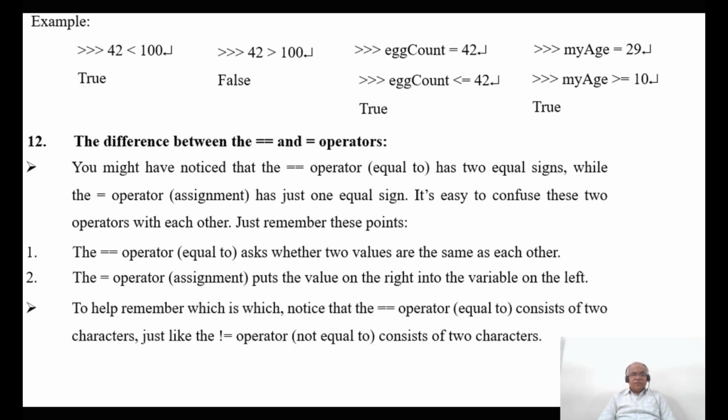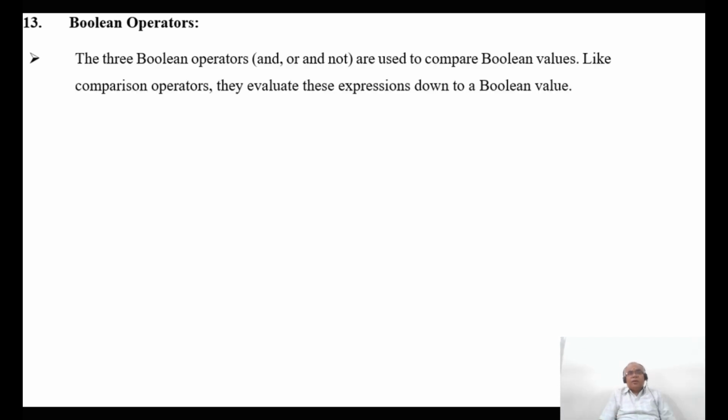To help remember which is which, notice that the double equal operator, which is equal to, consists of two characters, just like the not equal to operator or the less than or equal to operator. And then we have the Boolean operators. So what are these Boolean operators? The three Boolean operators, AND, OR and NOT, are used to compare Boolean values.